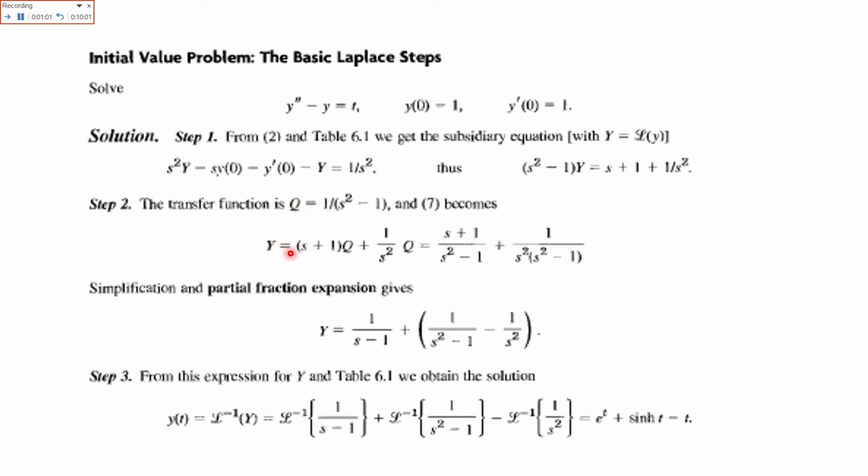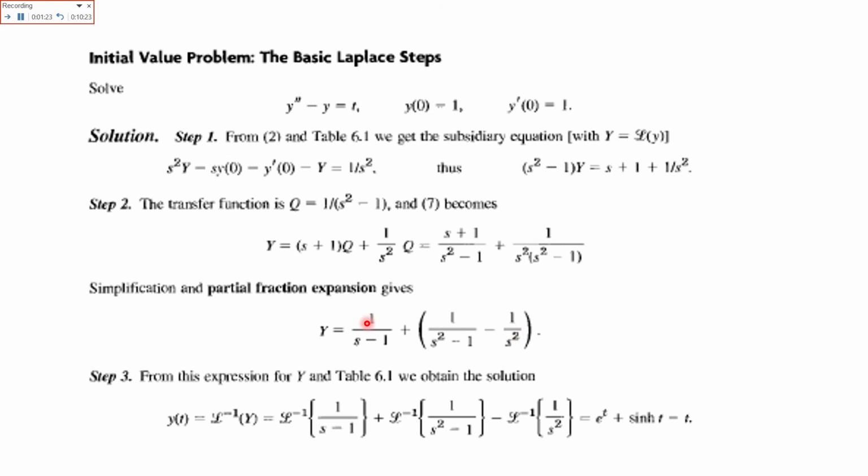So y is equal to s plus 1 multiplied by q plus 1 over s square into q. Now this term will become s plus 1 over s minus 1, plus 1 over s square into s square minus 1, and when you solve this you will have this expression.